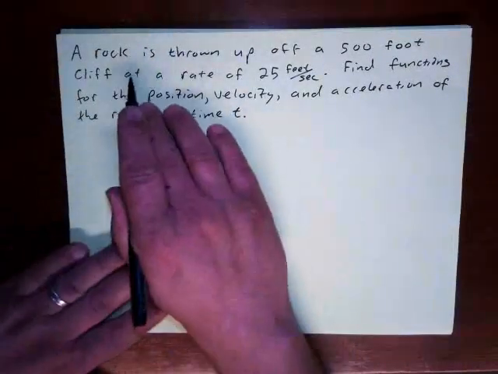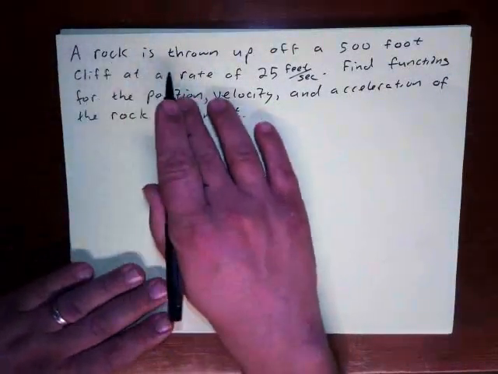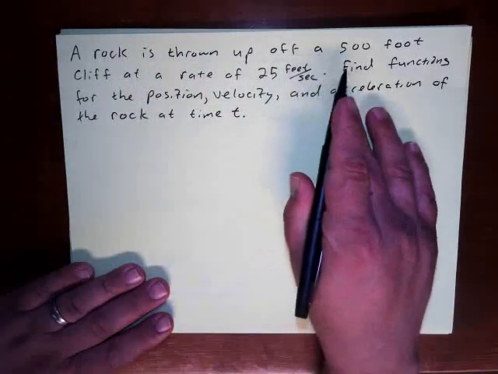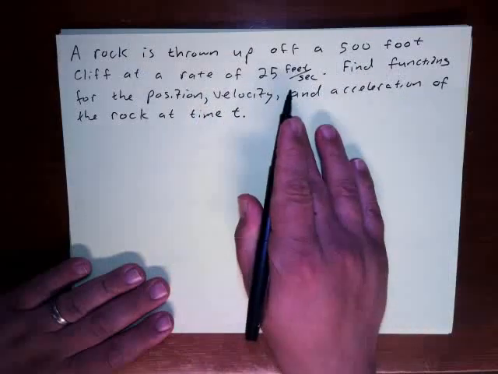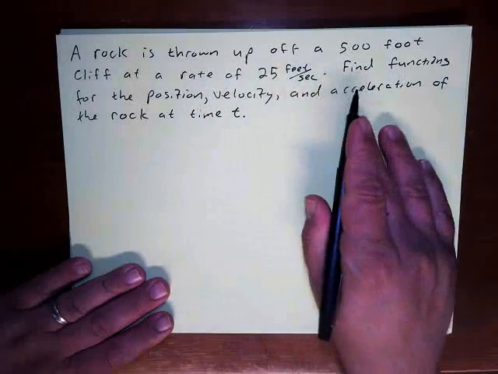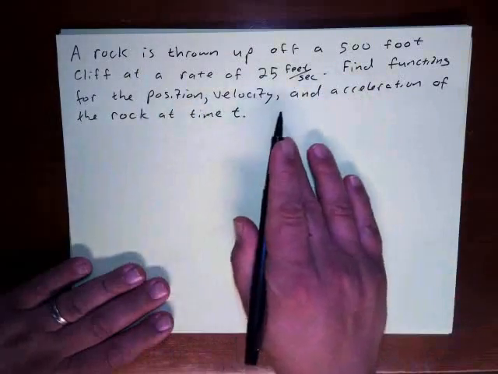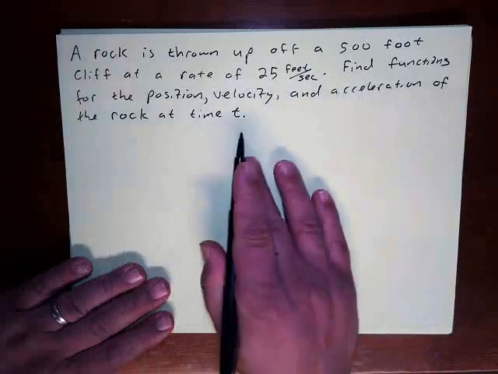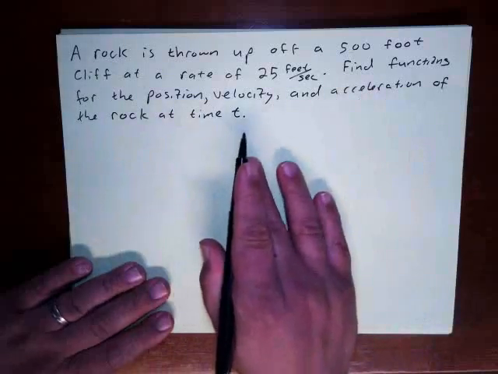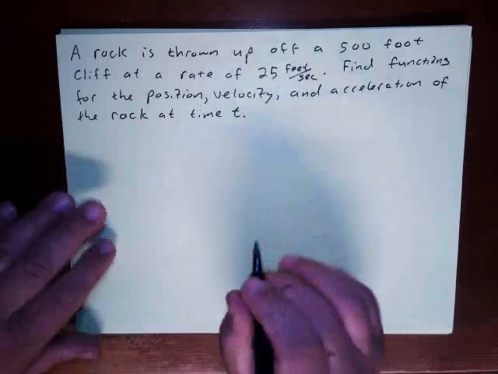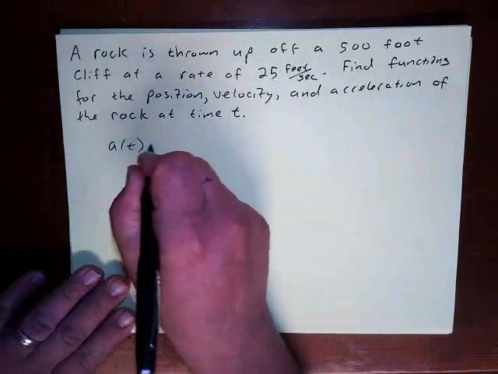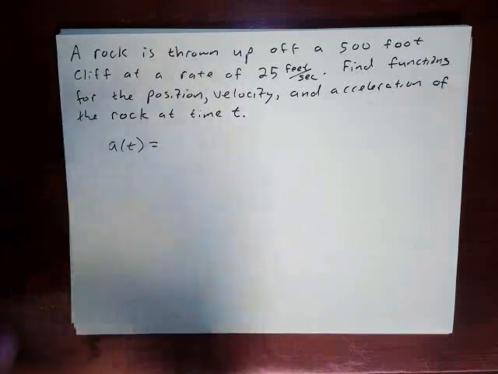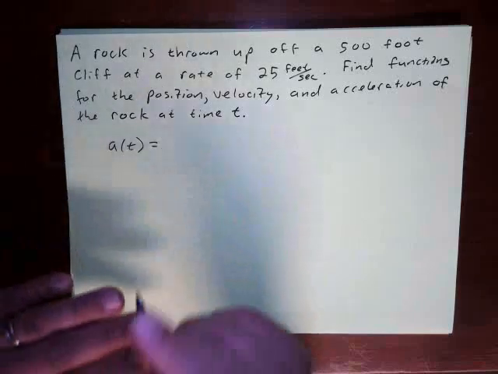Okay, so we're told here that a rock is thrown off of a 500-foot cliff at a rate of 25 feet per second. Find functions for the position, velocity, and acceleration of the rock at time t. So here's the idea here. I know that the acceleration at time t is a constant.